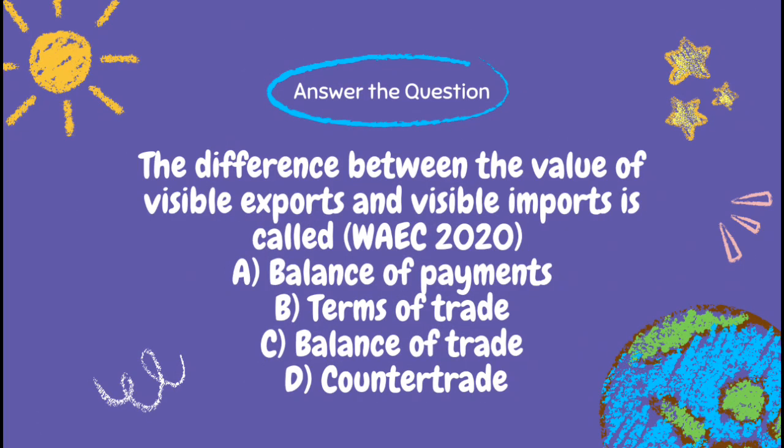Question number 3. The difference between the value of visible exports and visible imports is called dash. This one's coming from WAEC 2020. Option A, balance of payments. Option B, terms of trade. Option C, balance of trade. And option D, counter trade.